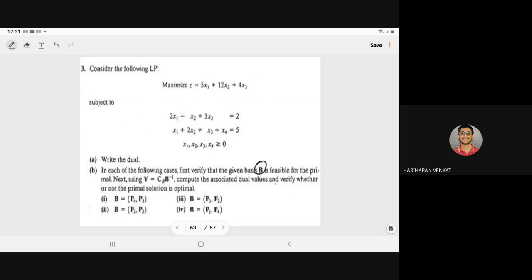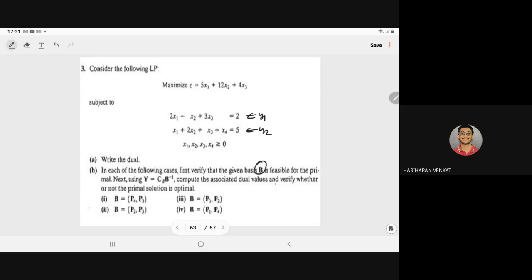Here they have given the basis as P4, P3, P1, P2. It is already in equation form, so we need not add slack or surplus. Let the associated dual variables be y1, y2.